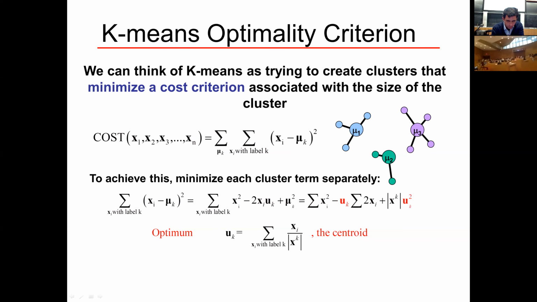This is the optimum. What I want to do is minimize that. So I'm going to expand my square. It's going to be x squared here plus mu k squared here minus 2x mu k. And then this is going to be effectively the sum of x squared, this term, which does not depend. So basically this is summing over all the x's, and then the mu doesn't depend on the x's. So this is going to be simply the number of points times mu squared.